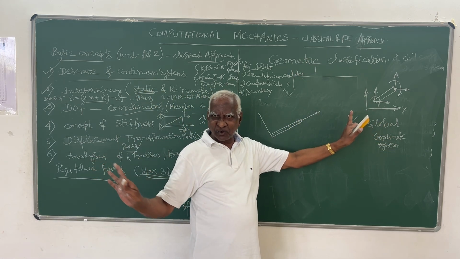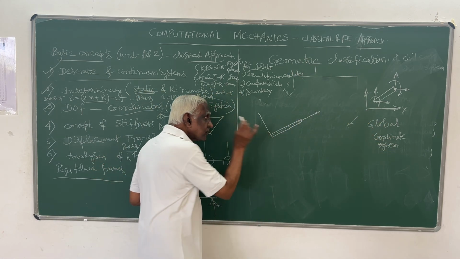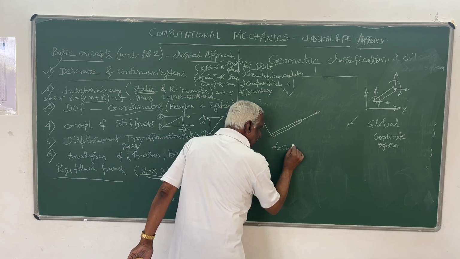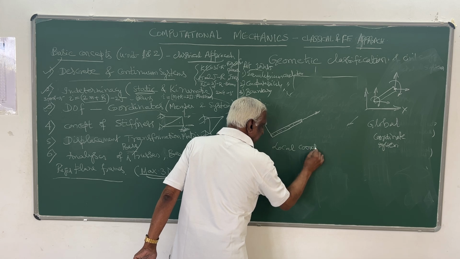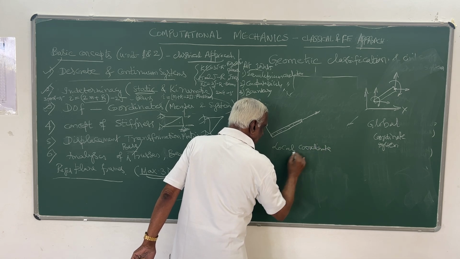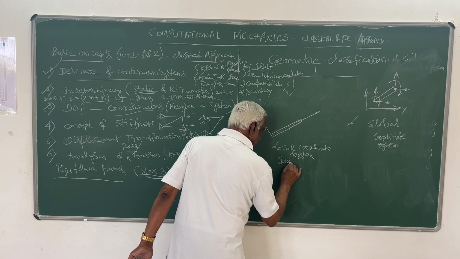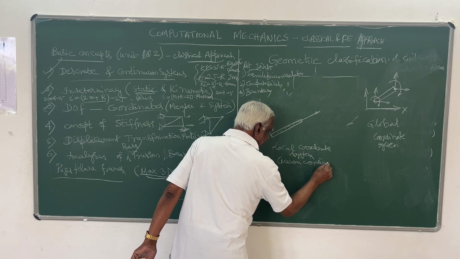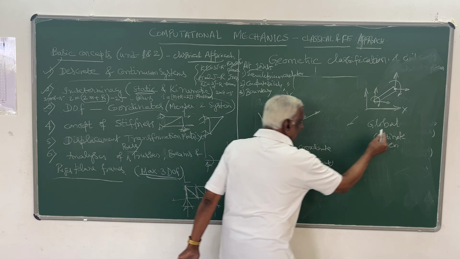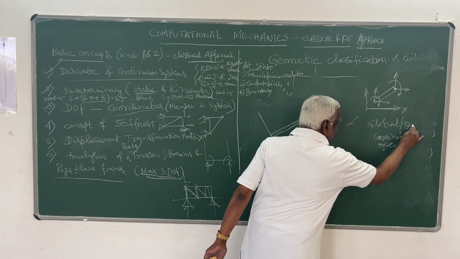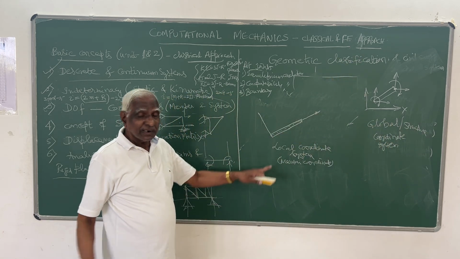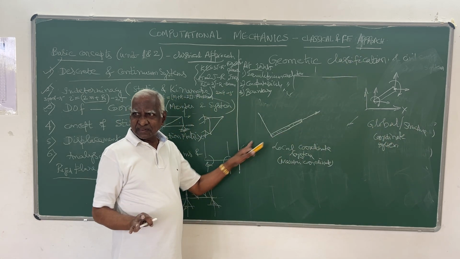I hope everyone is well versed. With respect to another coordinate system, that is called the local coordinate system, or it is also called the member coordinate system. Here it is the structure coordinate system, for the total structure. Here it is local, within the member.